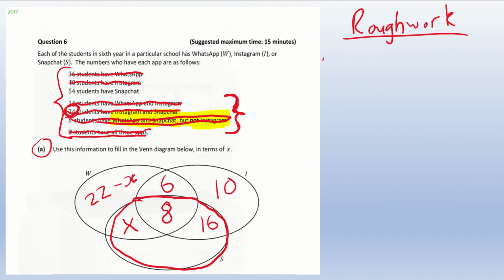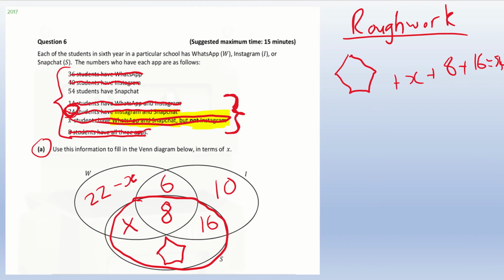Okay, for Snapchat, my 54 students that have Snapchat, let's put, what do we put? Pentagon. Okay, my pentagon plus x plus 8 plus 16 should give me my 54 students that have Snapchat. Nearly ran out of space, but just about didn't. Remember, I'm trying to get my pentagon on its own, and I really should have picked an easier shape to draw.